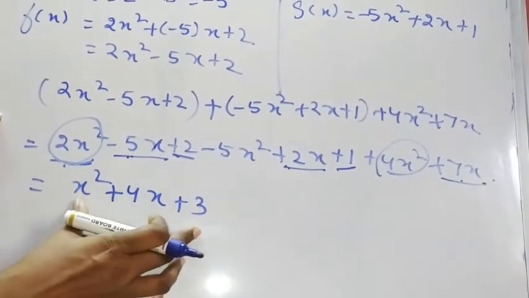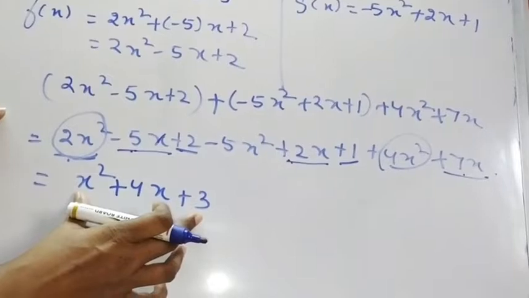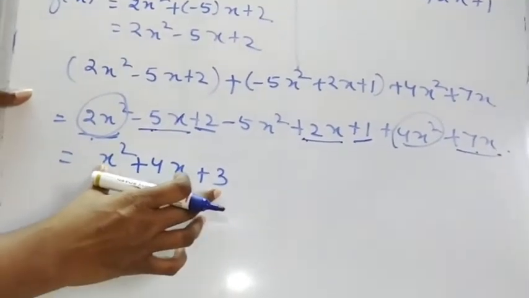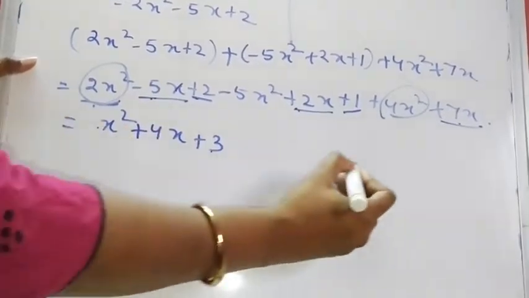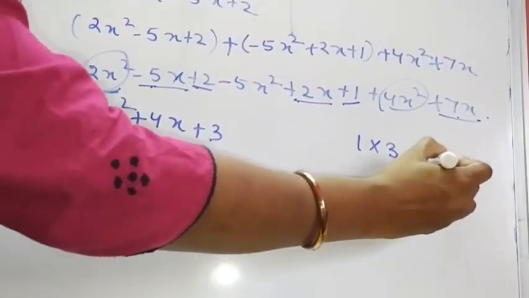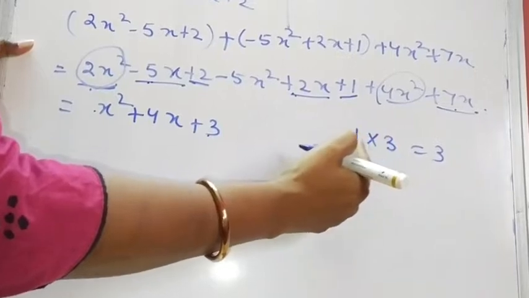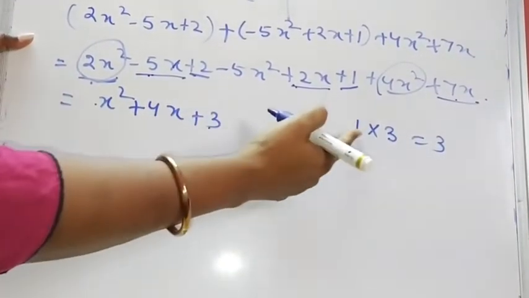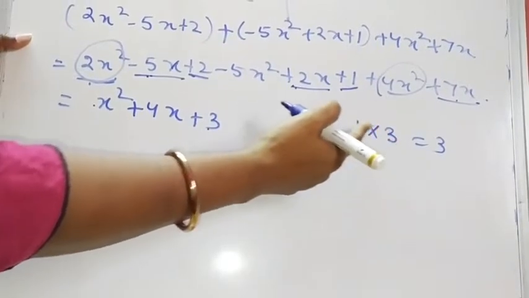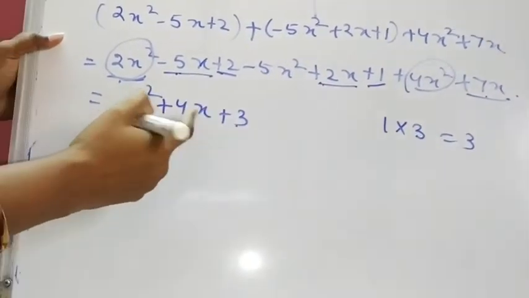Now let us factorize this quadratic polynomial that we have got from the above expression. So here we get 3 and here it is 1. So 1 into 3 gives us 3, and the middle term that we can split will be the best one as 1 and 3, because 1 plus 3 will give us 4.